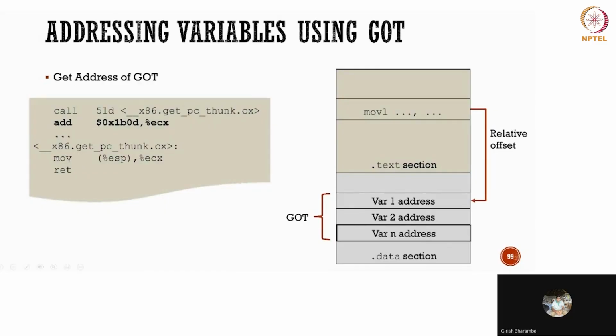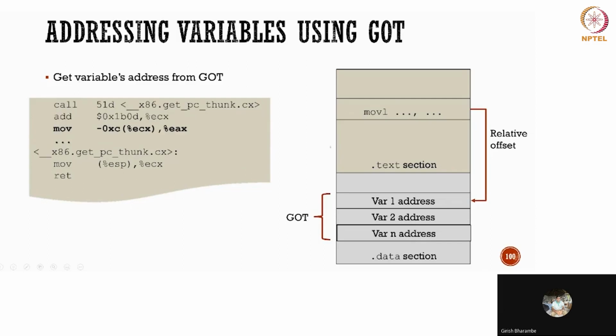Within this function, you can save that address, which gave you the address of the current instruction, and you return. Once you have the address of the current instruction, you can compute the address of the GOT, and then get the address of var1.